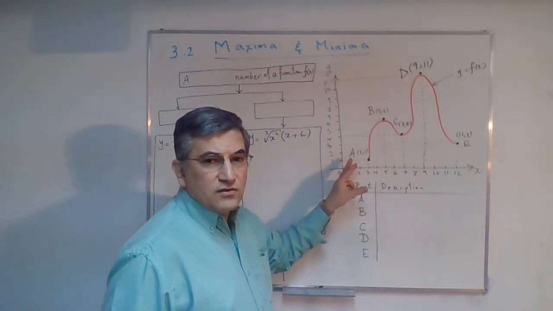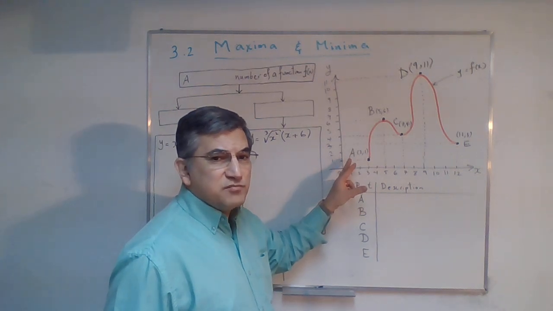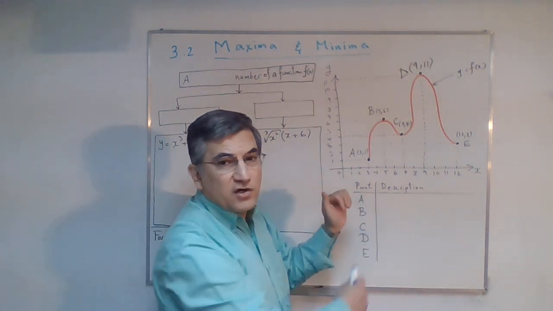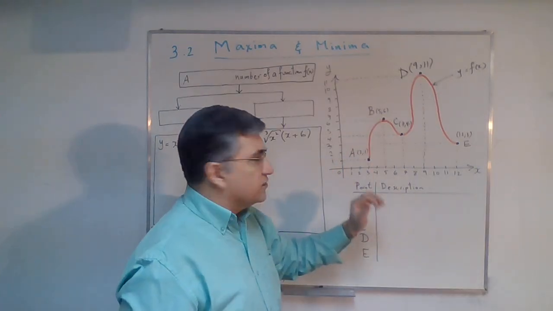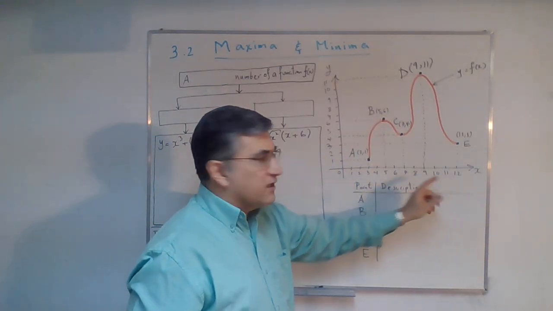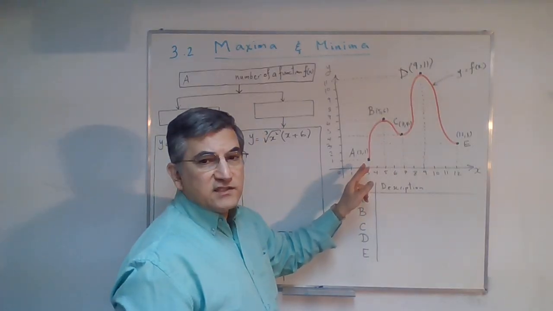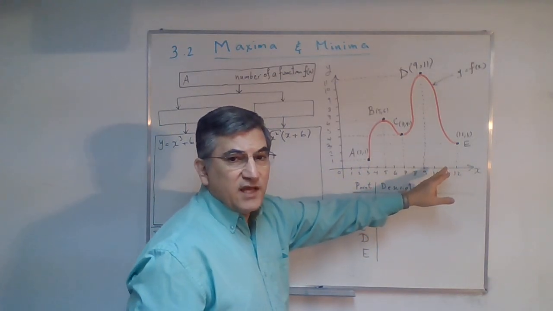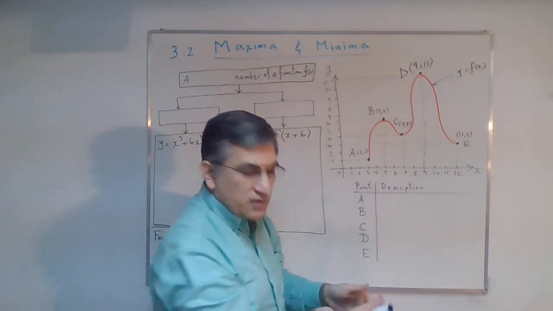The name, it makes sense to be an endpoint because we are restricting part of the graph of a function from x equals 3 up to x equals 12. So this is the left side endpoint, point A. The other one is the right side endpoint within this interval.